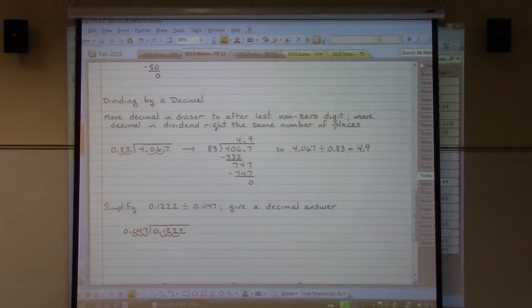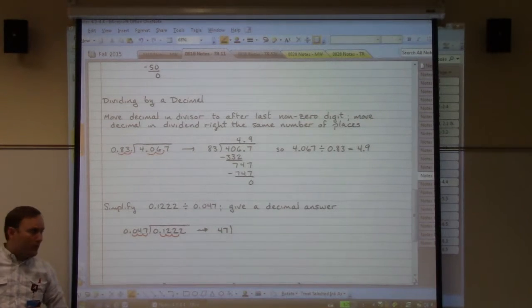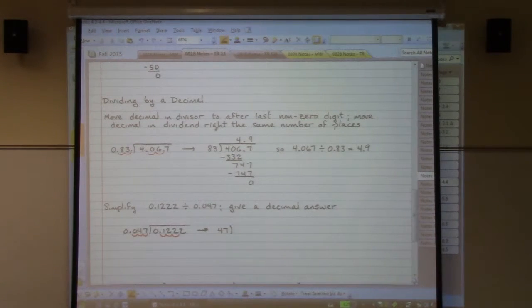Finally, now we would have a problem, and we'll go ahead and rewrite it for the sake of neatness, where the number out in front is now that much nicer to use, whole number of 47. And the decimal underneath is in between the last pair of 2's.